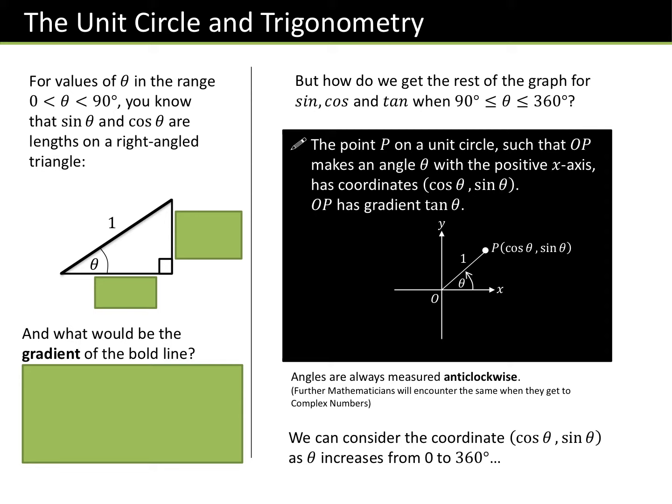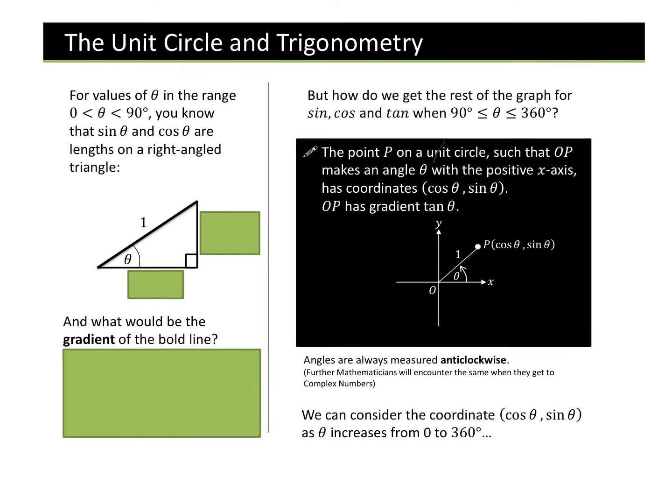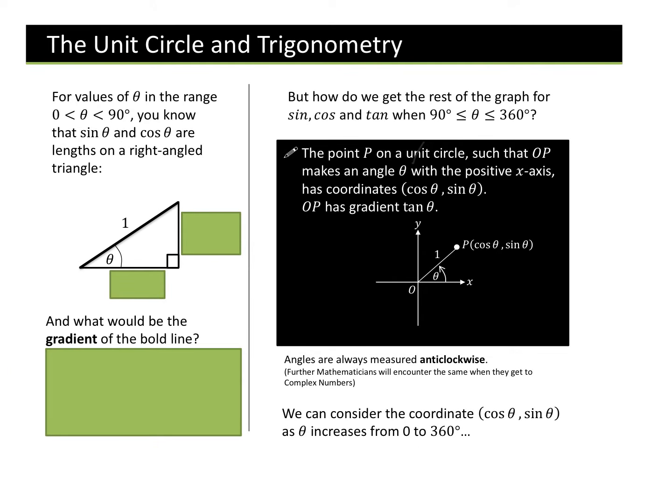So the unit circle. Here we have the unit circle, and from the unit circle, if we just look at the values of theta in the range of 0 to 90, we know that sine theta and cos theta are the lengths on a right-angled triangle, and that is because, if we go back to SOHCAHTOA, we know that sine of x equals opposite over hypotenuse.